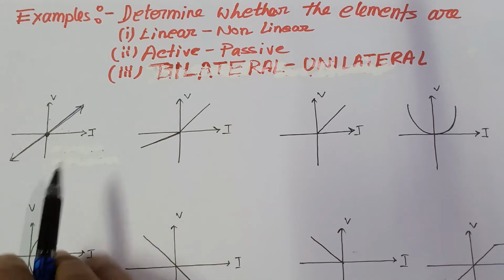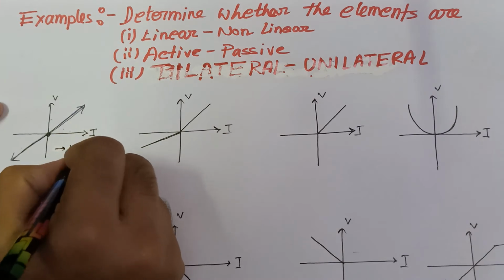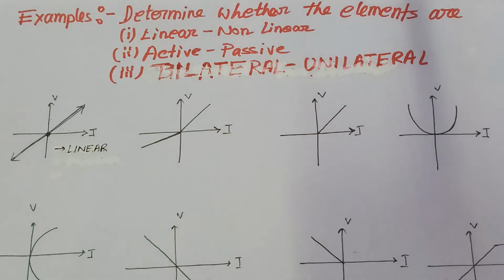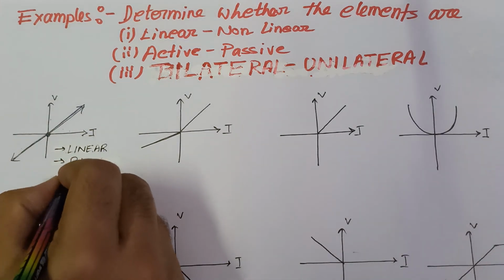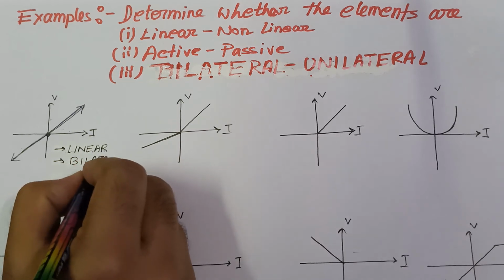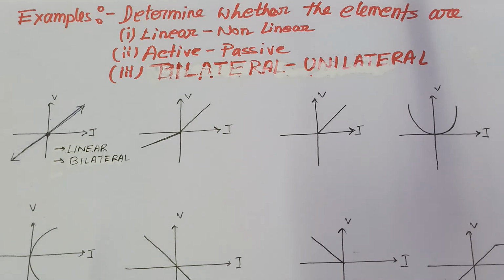So it is following all three conditions for linearity. So this is a linear element, and I have told you before that if an element is linear, then it should be bilateral. So it is bilateral also.